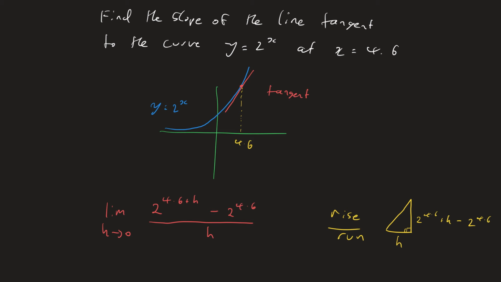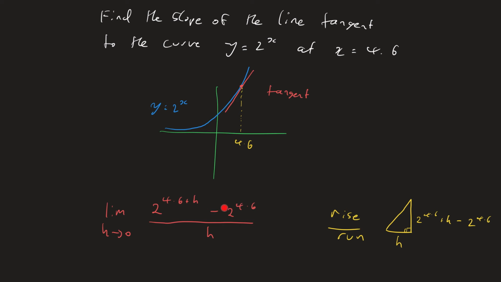x equals 4.6. By definition, we look at a point very close to x equals 4.6 on the graph, and we compare how the function has changed between when x equals 4.6 and when x equals 4.6 plus a small amount.